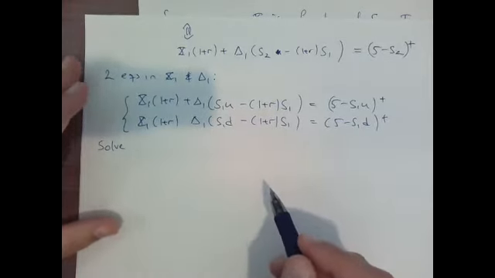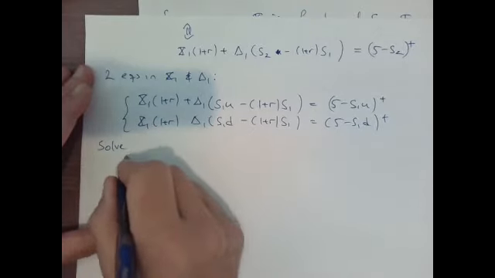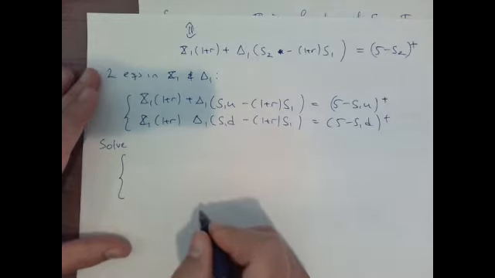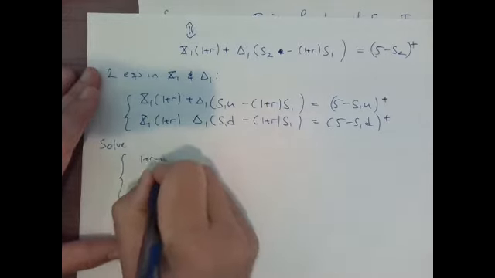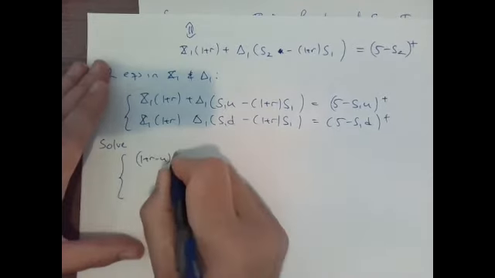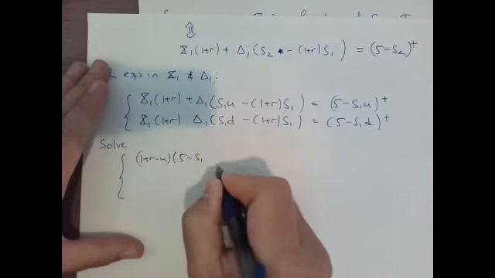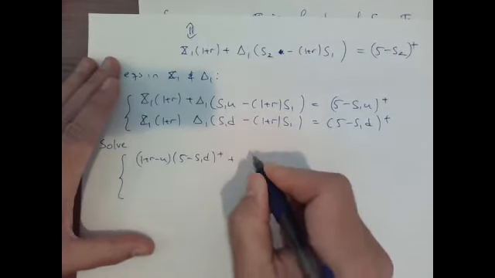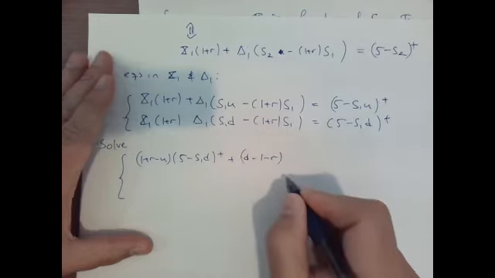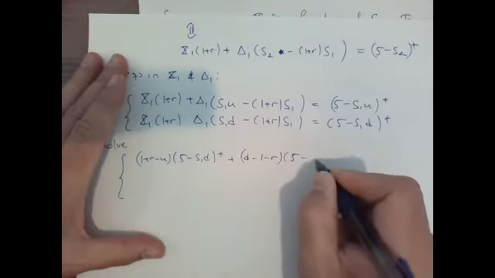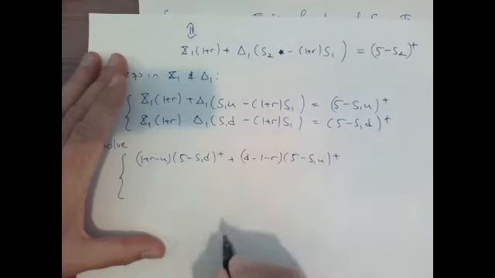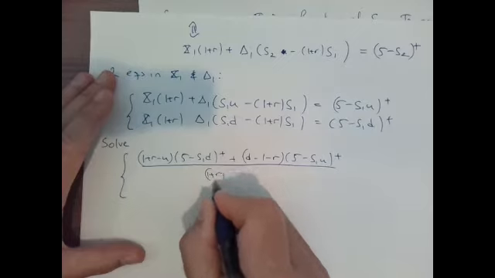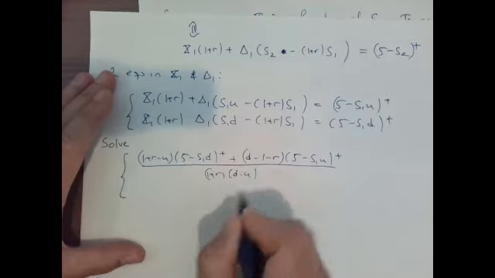If you do that, you're going to get 1 plus r minus u times 5 minus S1 d positive part plus d minus 1 minus r times 5 minus S1 u positive part, everything divided by 1 plus r times d minus u.